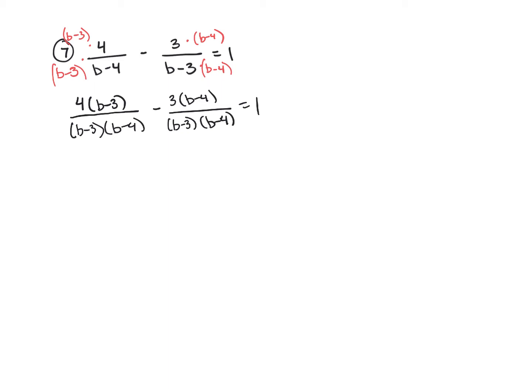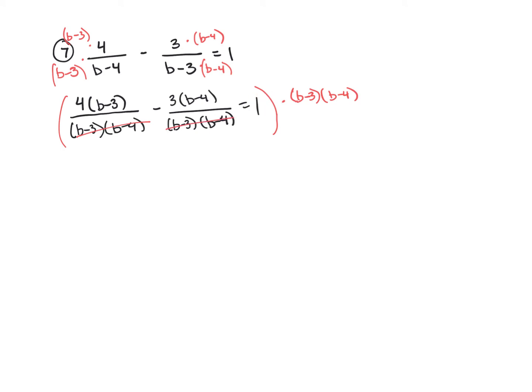Now, since these have the same denominator, and we're trying to get rid of a fraction, well, how do you undo a fraction or division? With multiplication. So I'm going to take this whole equation, and I'm going to multiply the whole thing by b minus 3 times b minus 4. So if I'm multiplying and dividing over here, this goes away. If I'm multiplying here and dividing here, this goes away.